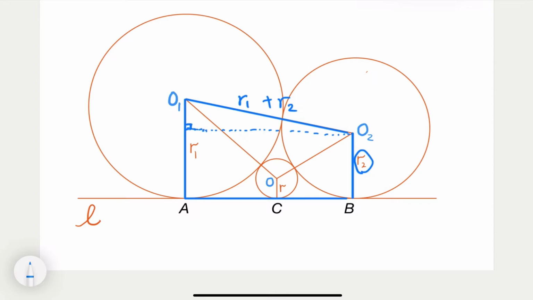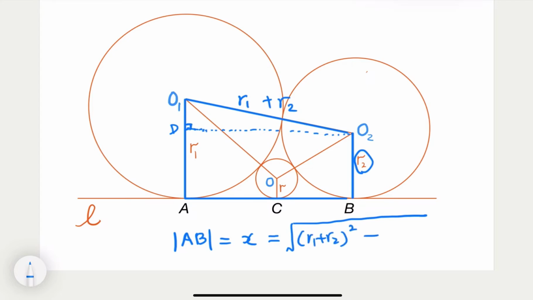So if the length of AB equals x, and let's say this is a point D here, the Pythagorean theorem tells us that x is equal to the square root of R1 plus R2 squared minus this segment here.